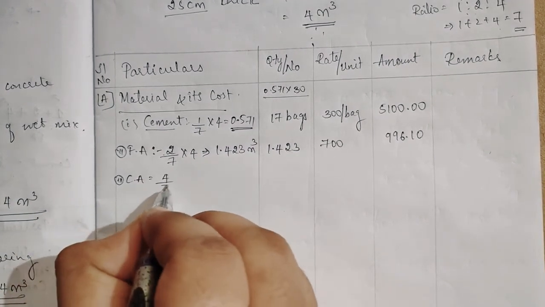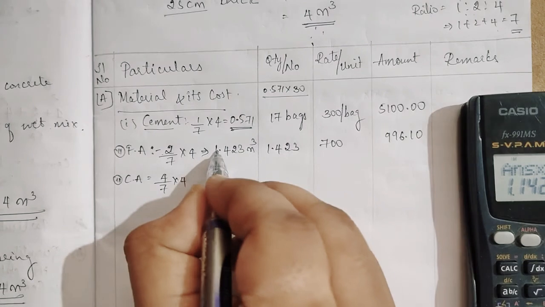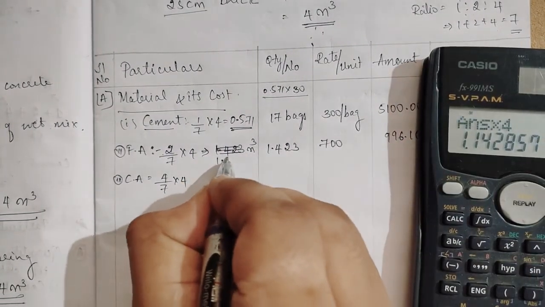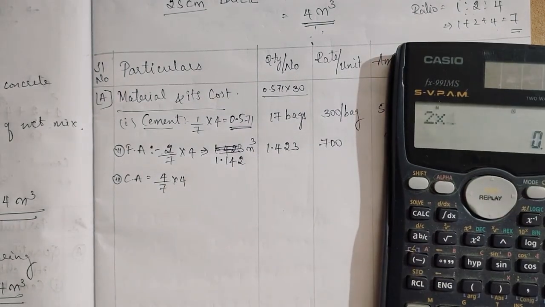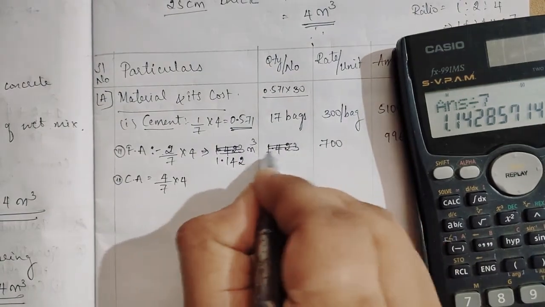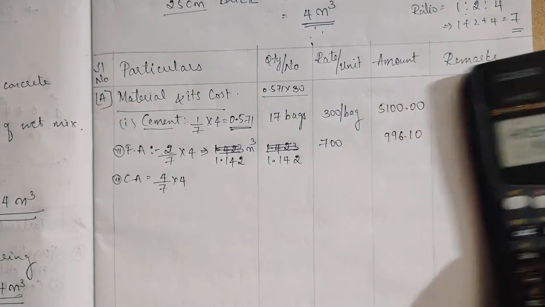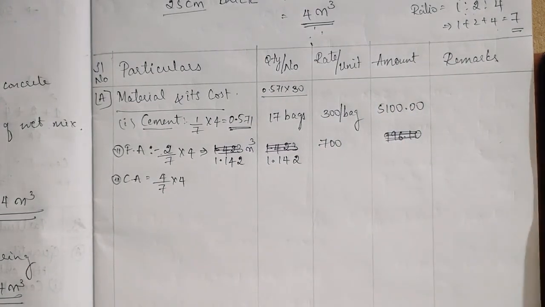It is 4 by 7 into 4. Wait my dear students, so 2 into 4 divided by 7 is 1.142. So be careful, don't make mistakes, otherwise the cost will be high.